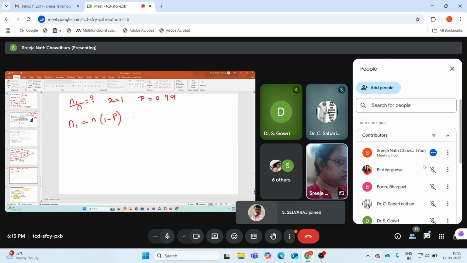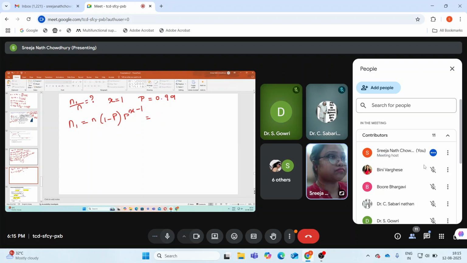So N1 by N becomes (1 minus P) into P to the power 0, as P to the power 0 is equal to 1.